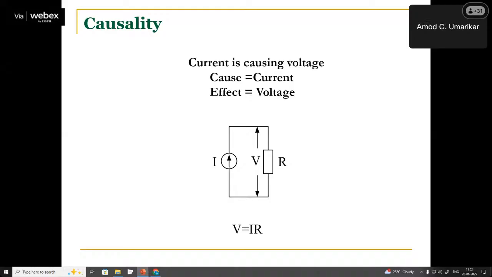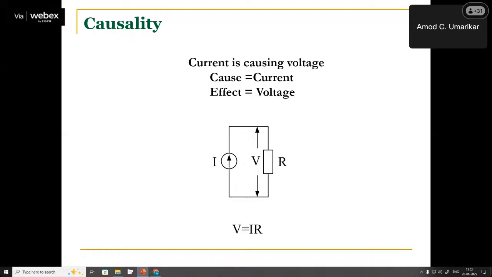No. See, in any bond, what is the effort and flow? The product of them should be power, correct? While causality has nothing to do with deciding power; it has a different purpose.